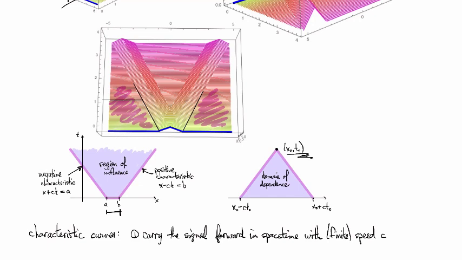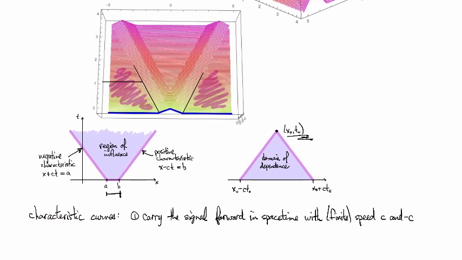Let's say c and minus c, because they're going in opposite directions. And also, they help us define a coordinate system: xi equals x minus ct, tau equals x plus ct.